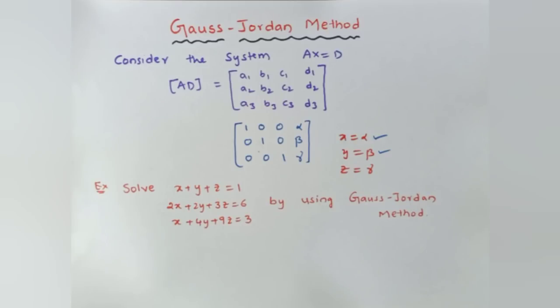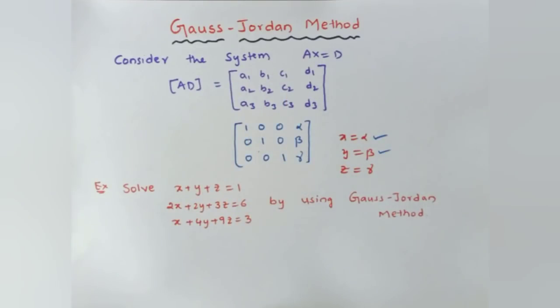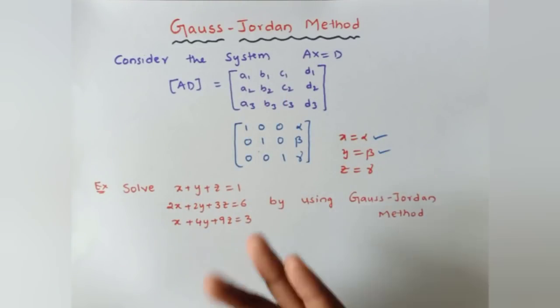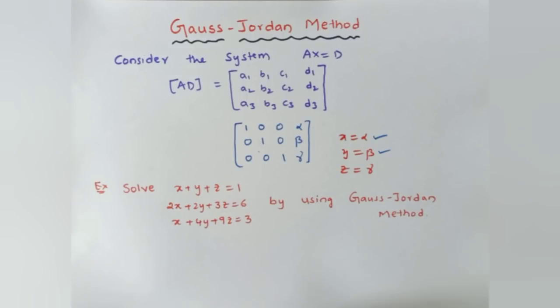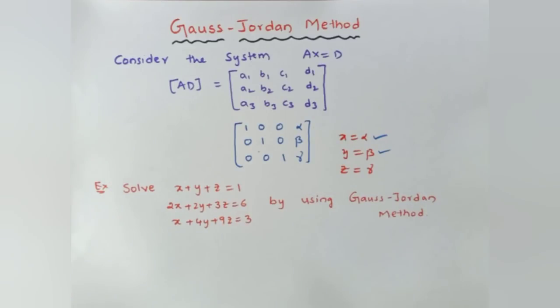So I consider the same problem to find the solution by using the Gauss-Jordan method. The solution is unique: x is 7, y is minus 10, and z is 4. You can use any method to find the solution of the system. The answer should be x equal to 7, y equal to minus 10, and z equal to 4 only.